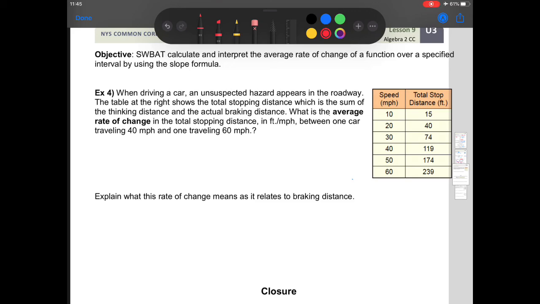So let's try the last example, example 4. It says when driving a car an unexpected hazard appears in the roadway. The table at the right shows the total stopping distance, which is the sum of the thinking distance and the actual braking distance.